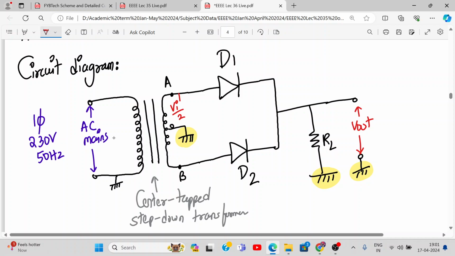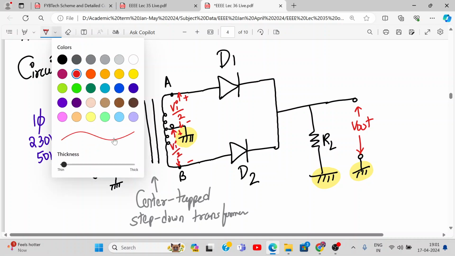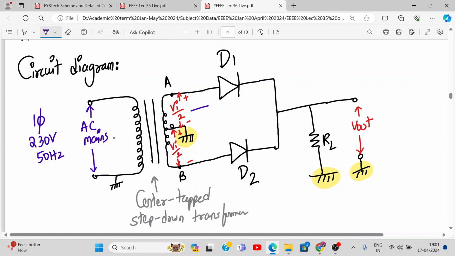From here to here, positive negative, it will again be Vi by 2, but they will look different. They will be 180 degrees out of phase with each other. This Vi by 2 is like this, this Vi by 2 is like this, and together they represent Vi. So this total is Vi.